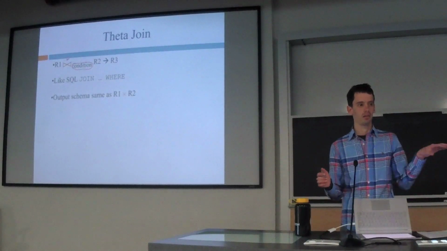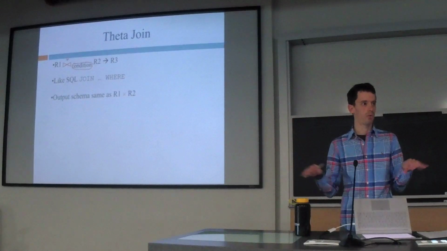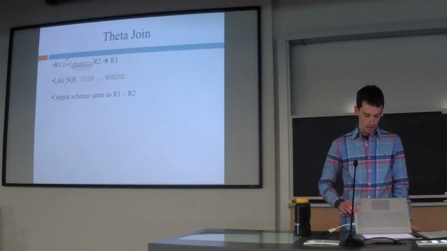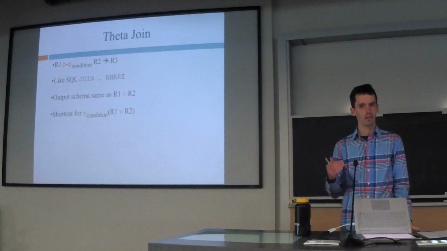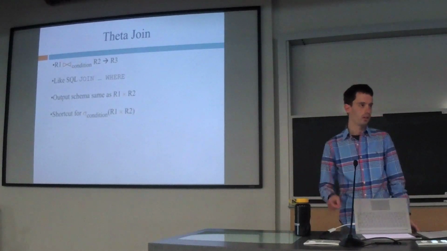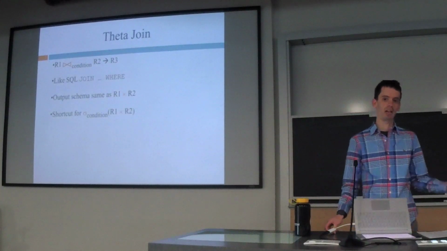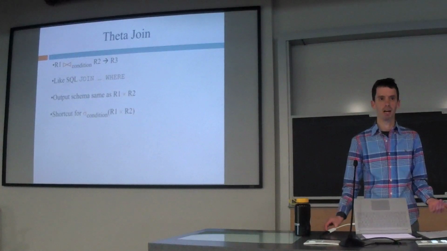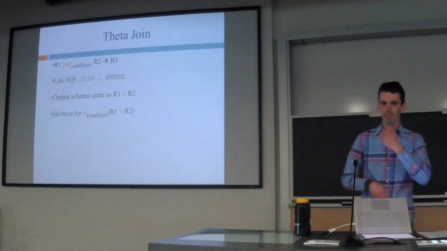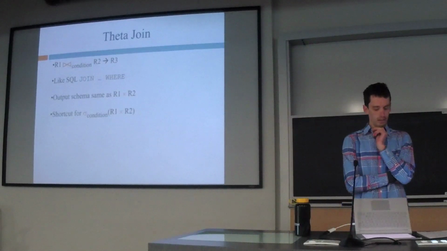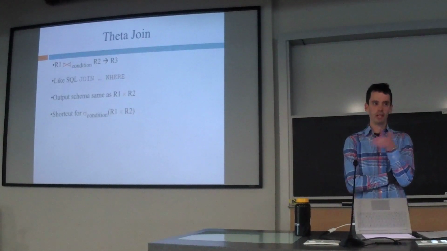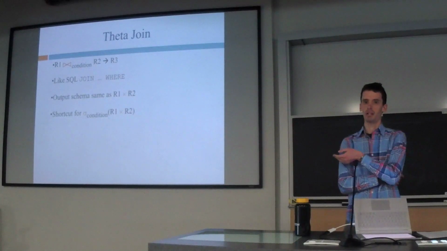It has all columns from both relations. And this is basically just a shortcut for a cross product combined with a selection on whatever that condition is. Okay. So theta join directly maps to SQL join with a where clause.